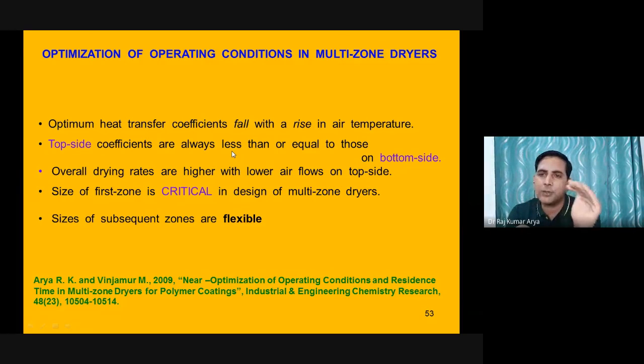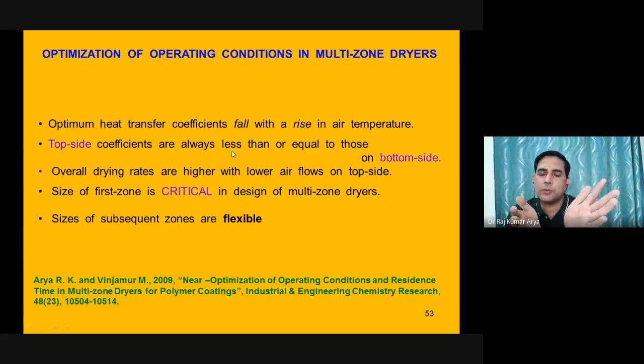If you have a high top side one, the top layer will dry faster and become pure polymer, and you will have a lot of solvent present in the film, which is not allowed. Overall heat transfer coefficients are always higher with lower air flows on top. If the top side is low, the overall heat transfer rate, the area under the curve, is always higher. It means you are taking out more of the solvent.